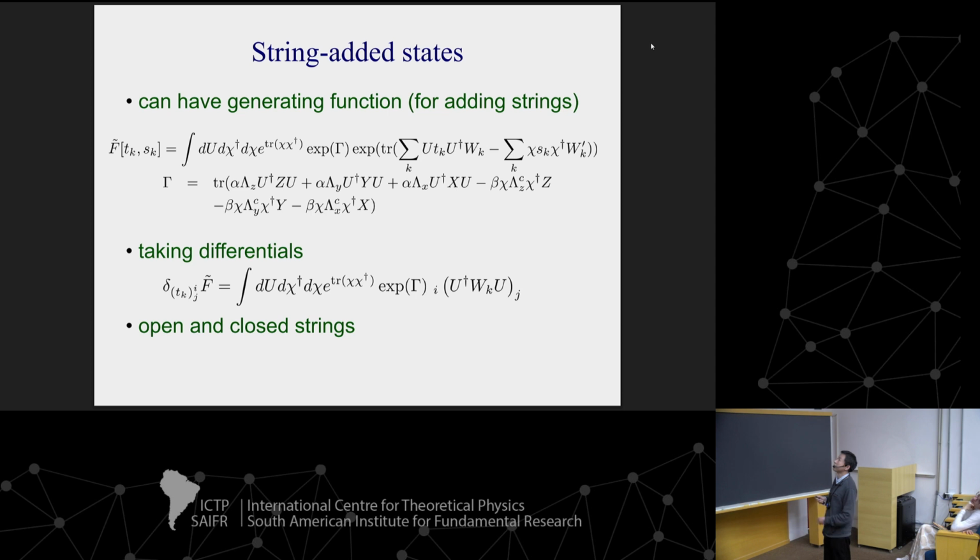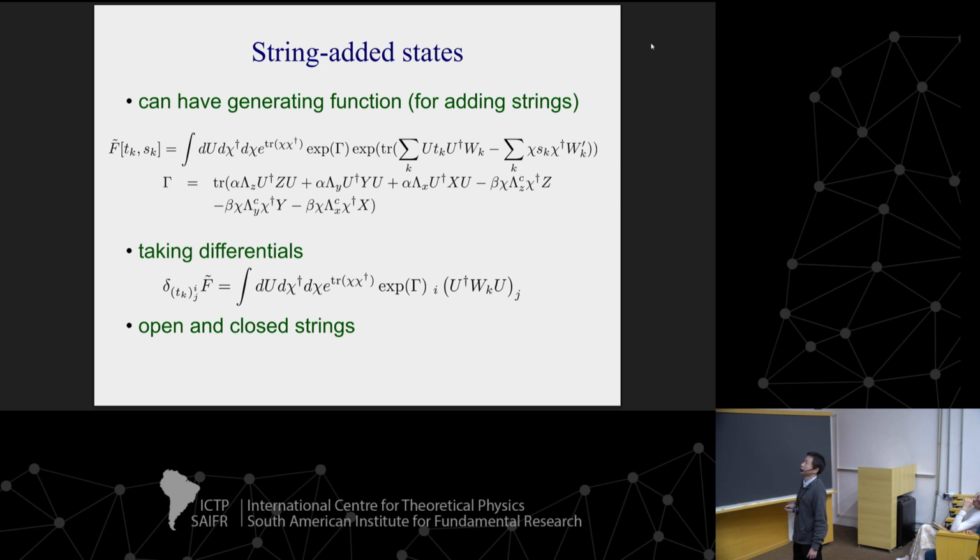And here, one can consider W_K as an added string. We can take differentials with respect to the t_K, and this brings down the open string. And this is equivalent to inserting a string.